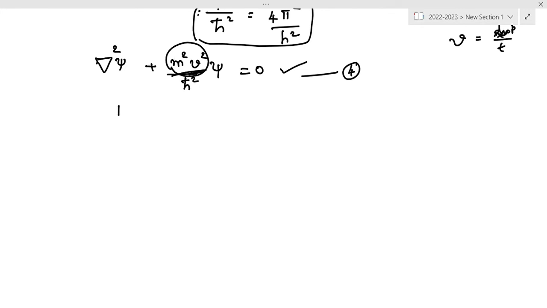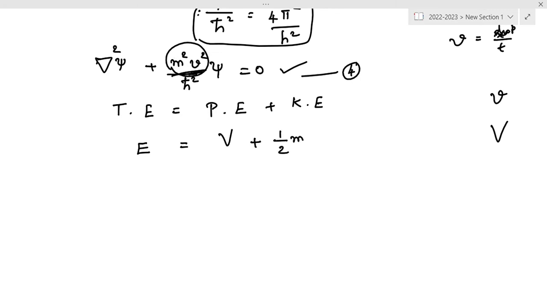Now total energy is equal to potential energy plus kinetic energy. So let us take the total energy of the particle as E, capital E, and the potential energy of the particle as capital V. While writing, make a difference of wave velocity as V and potential energy as capital V. And kinetic energy is half m v square.